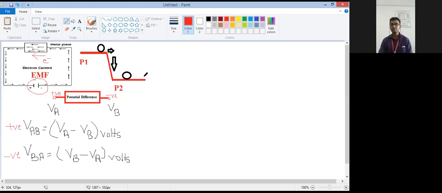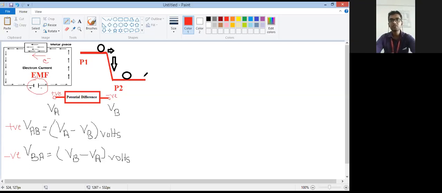We are seeing the summary of these topics. Electron flows means current flows, but the direction of current and electron are always opposite. Electrons flow from the negative terminal towards the positive terminal, and current flows from the positive terminal towards the negative terminal.